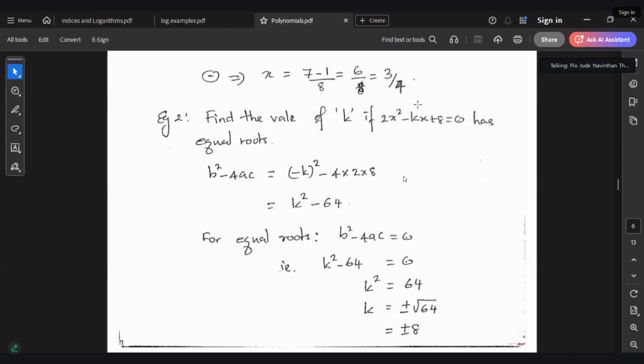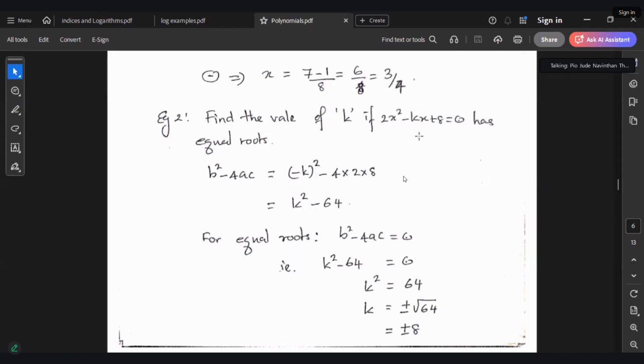So we know how we can find the delta. That is b square minus 4ac. What is our b? Minus k. We can put that in: minus k whole square, minus 4 into our a, which is 2, and c is 8.